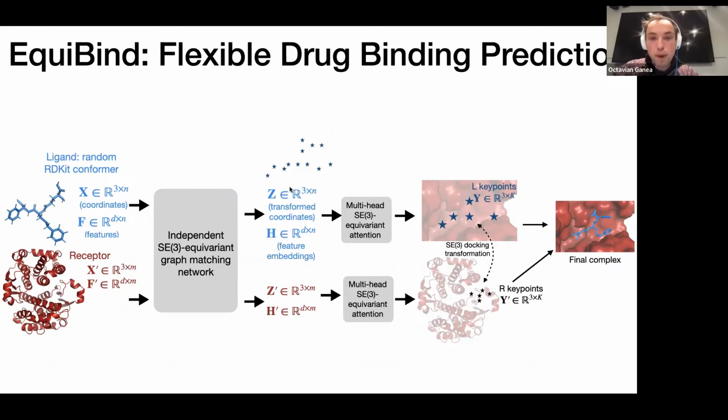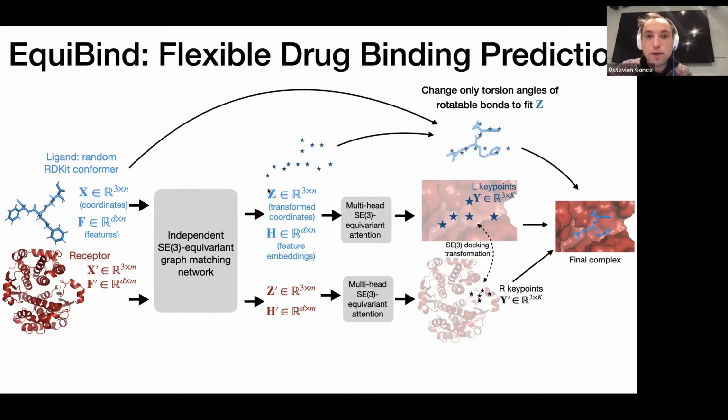Okay, so we run our pipeline, we predict some transformed coordinates and features. We do, again, the multi-head attention, we predict key points. This is going to give the rigid transformation. What I didn't explain here is how we predict the conformational change of the drug ligand. And that's actually shown here. The key idea is that we take the transformed coordinates and we say we actually want these transformed coordinates to represent the atom coordinates of the final bound conformation.